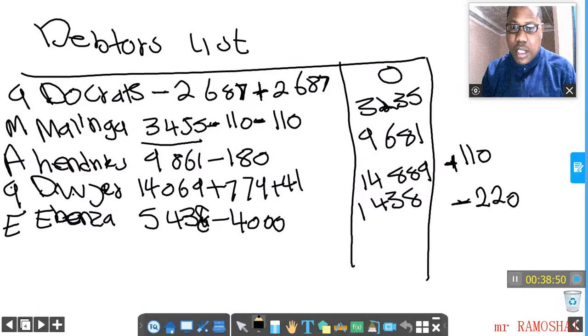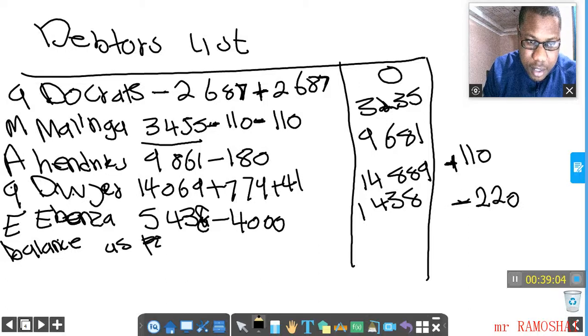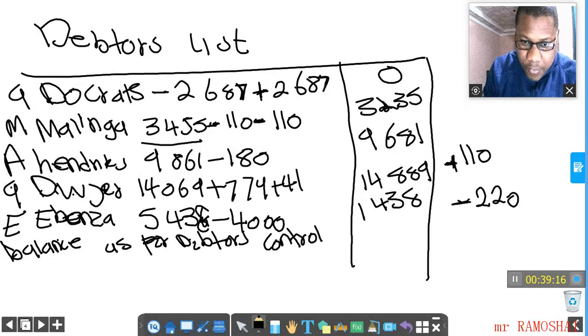So let's calculate this total. This is the balance as per debtors list, as per debtors control, right?